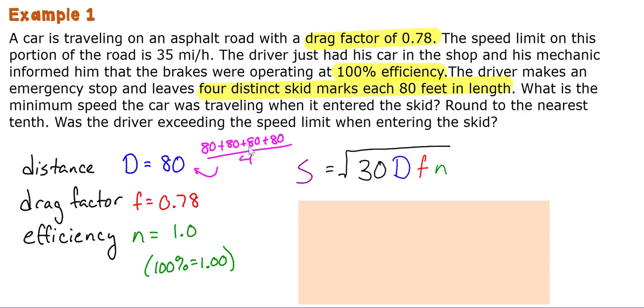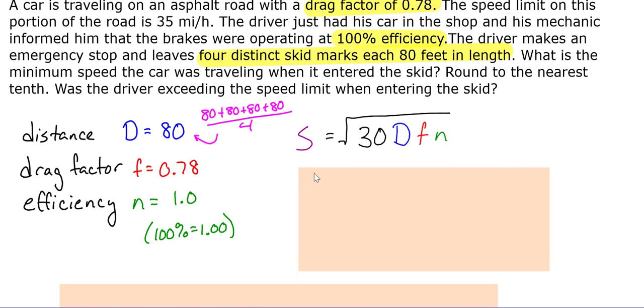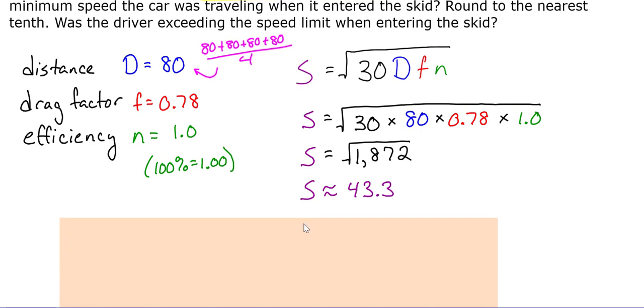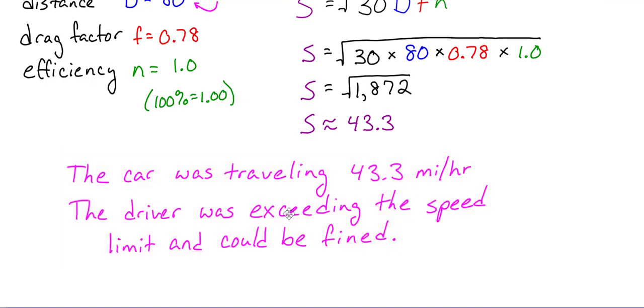So at this point, all we have to do is plug into our formula. 30 times 80 times 0.78 times 1, find the square root of that answer, and we get 43.3. Now keep in mind, at this accident, the speed limit on that portion of the road is 35 miles an hour. And according to the accident reconstructionist, the speed that car was traveling was 43.3. So the car was traveling 43.3 miles per hour.